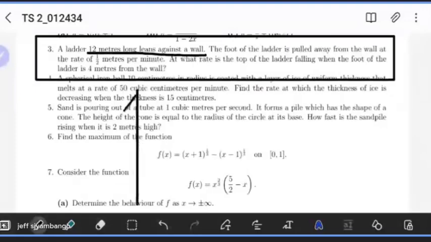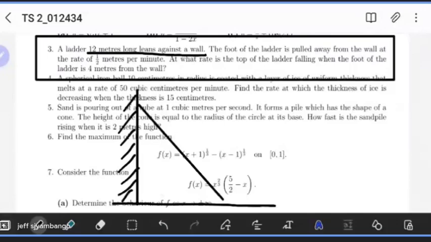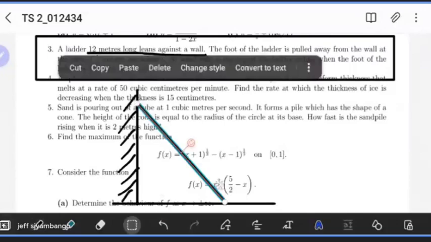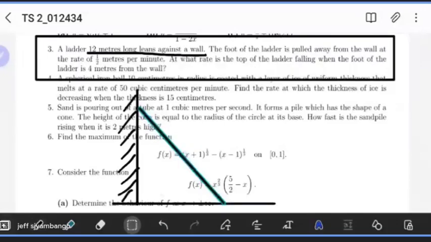So you go like this. This is our wall, and this is our ladder like that. Then this is the ground. So you have something like this.